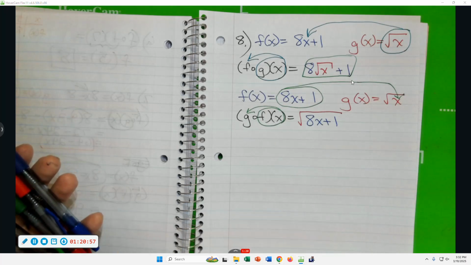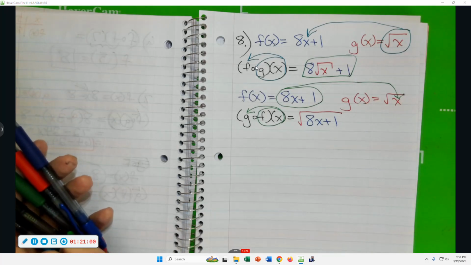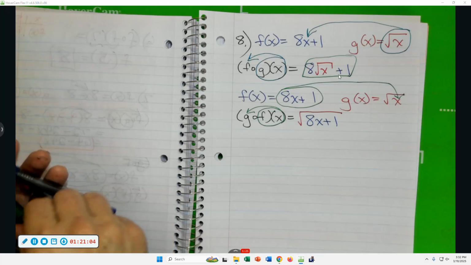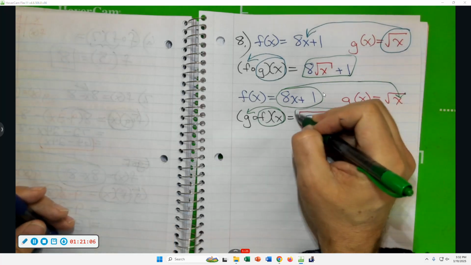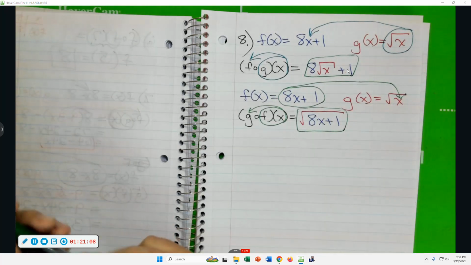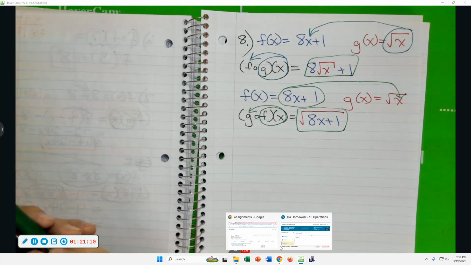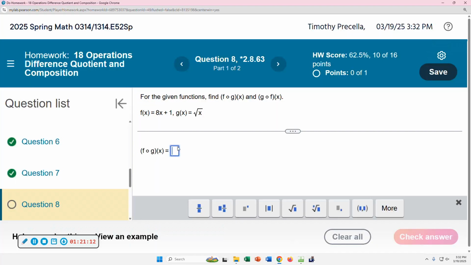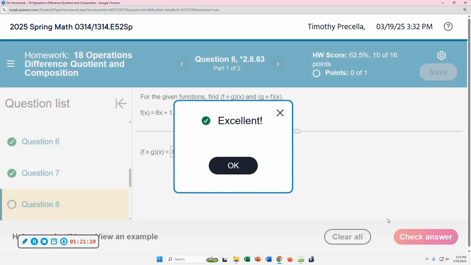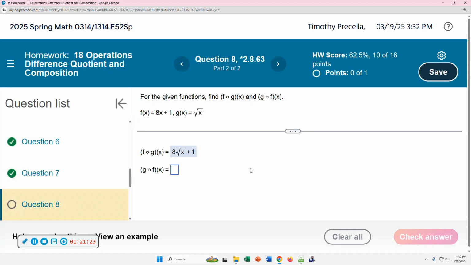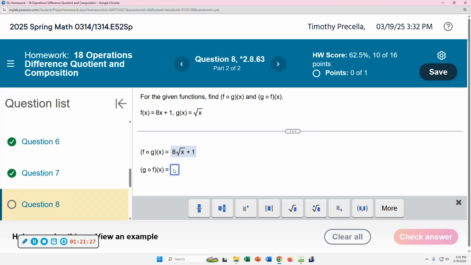Notice how f of g doesn't equal g of f. Look at this first answer, it's not the same as this one. Let me type these answers in. 8 square root of x, plus 1. Now, look at what he's going to type first.